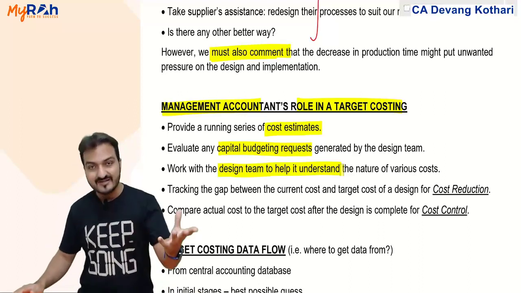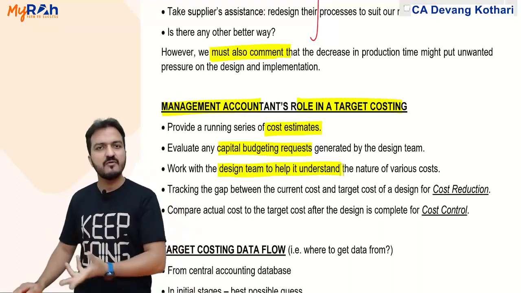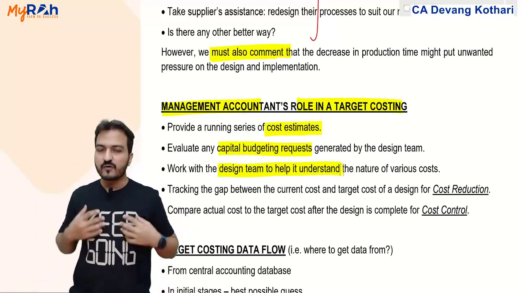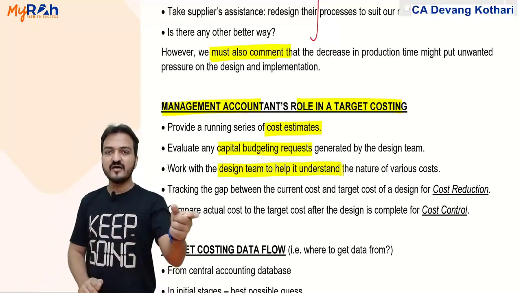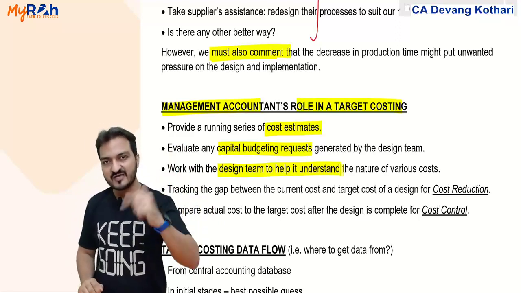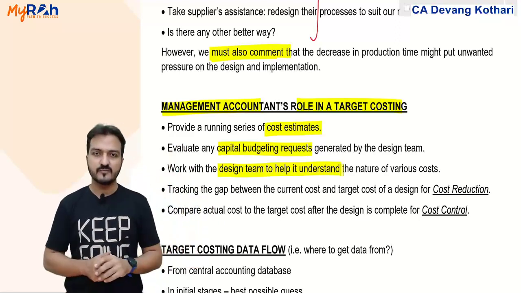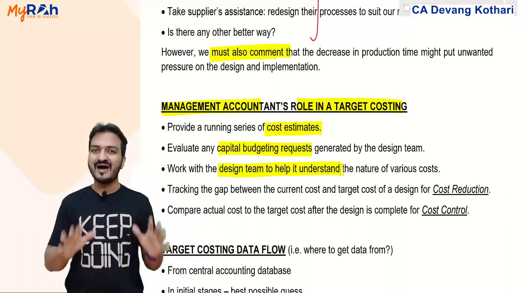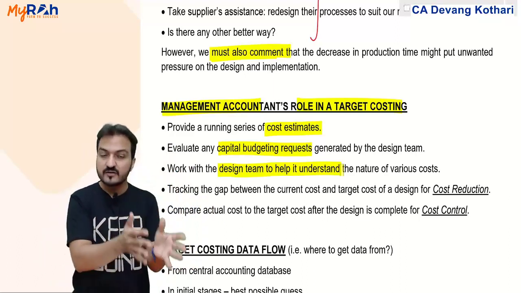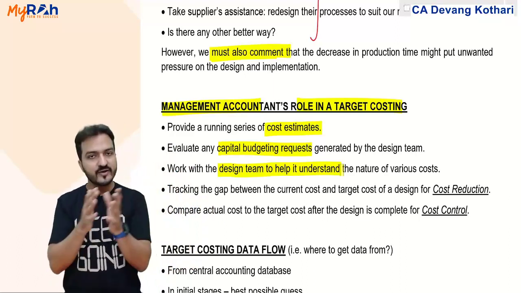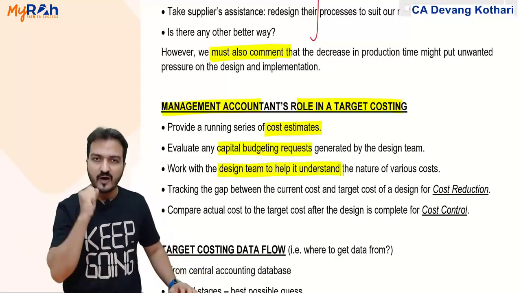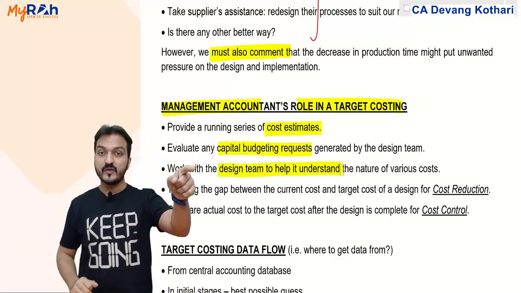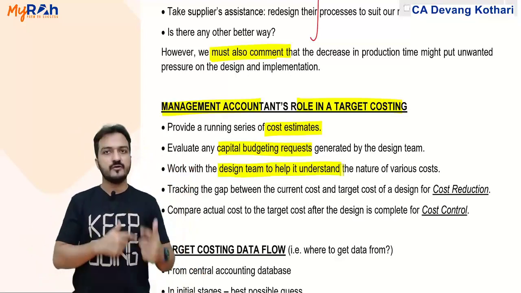But I forgot to tell the designer that anyways labor was not expensive for me. For me, the most expensive component was material. Now designers came up with a new design which will save labor, use more material. Will it save cost? No. So I need to explain to the designers that material is more expensive, labor is less expensive. Which material is more expensive? I need to make them understand so that accordingly they will come up with a new design.